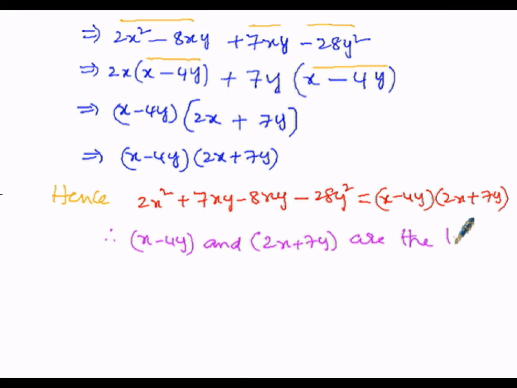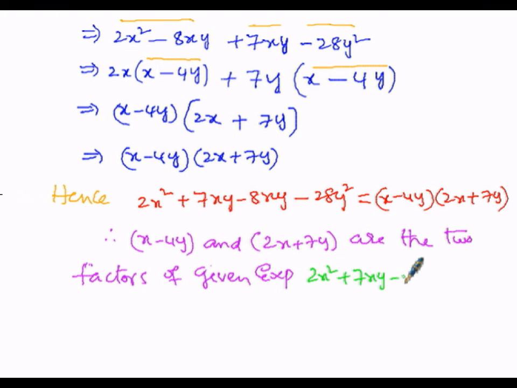So x minus 4y and 2x plus 7y are the two factors of the given expression, that is 2x square plus 7xy minus 8xy minus 28y square.